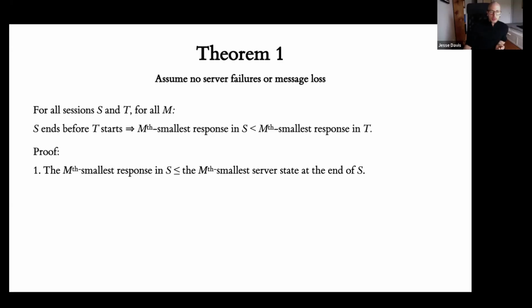And their proof of this is a proof by transitivity. So it's 3 steps. So we say that the nth smallest response in S is less than or equal to the nth smallest server state at the end of S. We know that because server states only increase, and the client has actually heard from all of the servers.